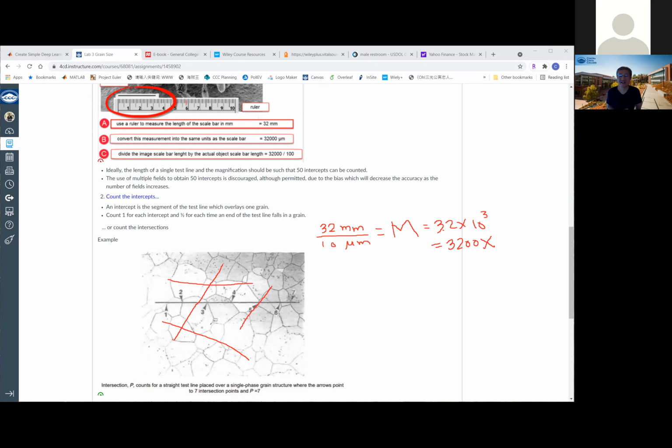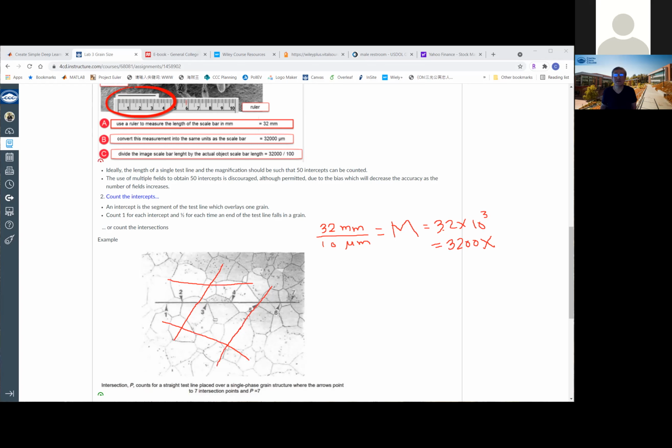Don't draw them in the same direction, and don't draw them at the same place. You have such a big page that you can draw different lines with different orientations. So try to draw the lines at different locations and different orientations to get a better mean value for the grain size.